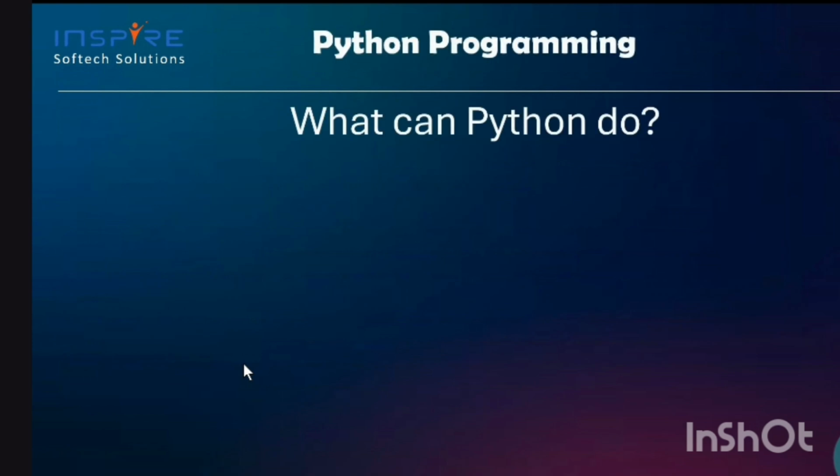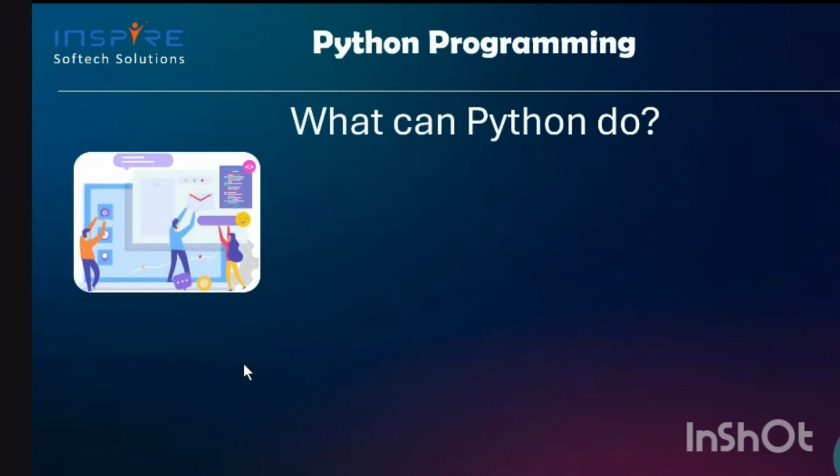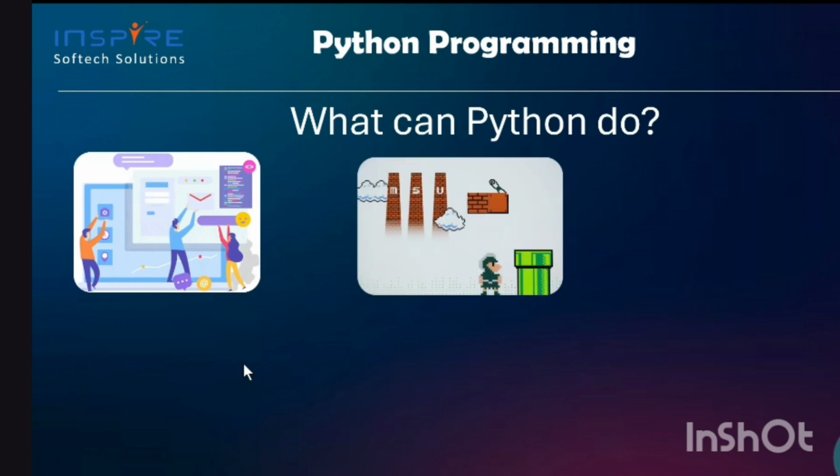What can Python do? The question will come, why do we want to do it and what can it do. You can see with the small game here on the screen. We have various types of daily activities, like numbers.